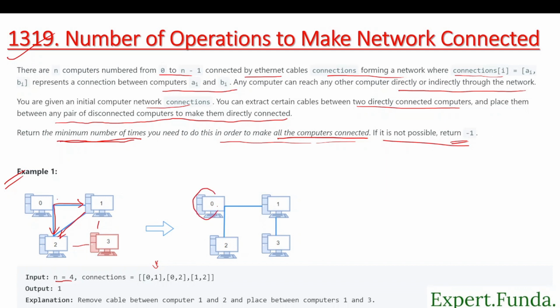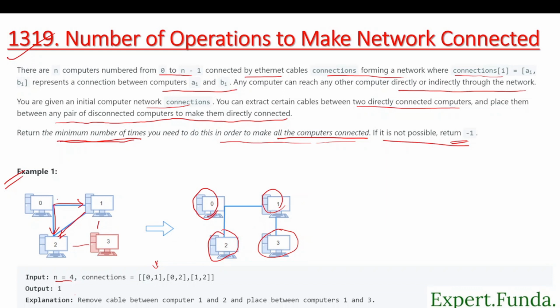We have 0 connected with 1 and 0 connected with 2 also, so we'll connect 1 to 3. So the minimum number of connections required is 1, right? Either way you go, you will get one connection to make all computers connected.